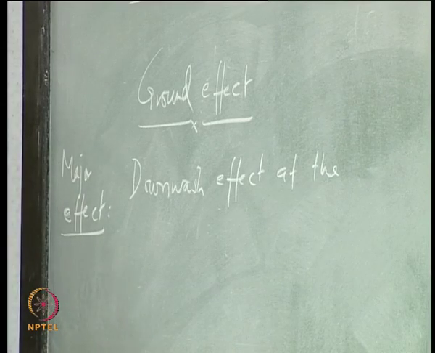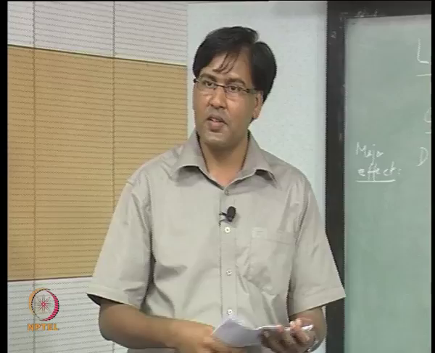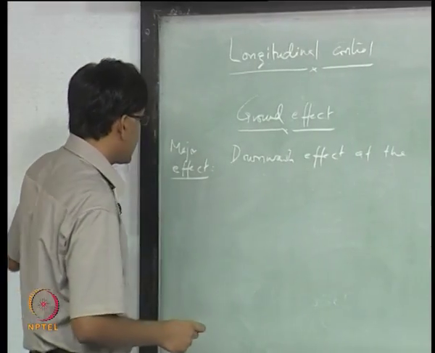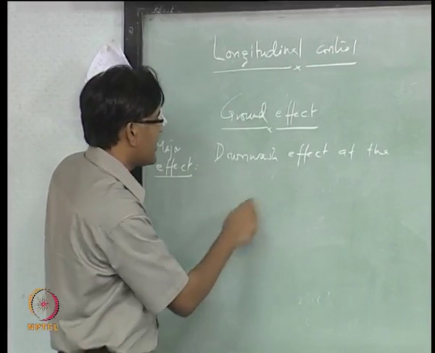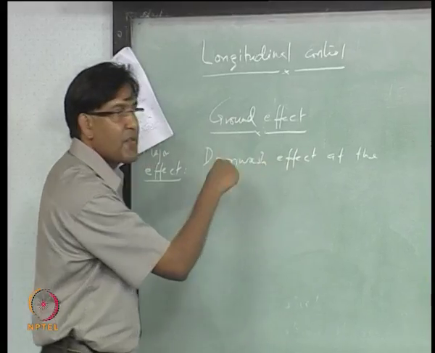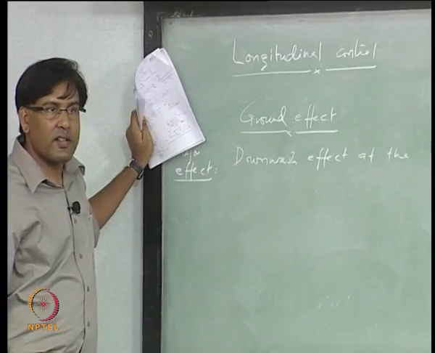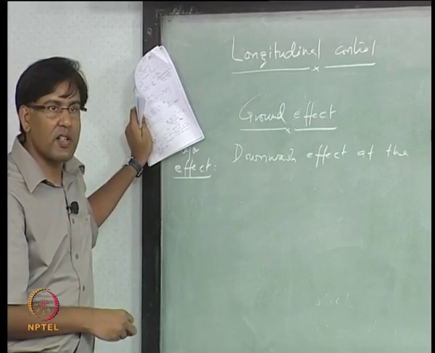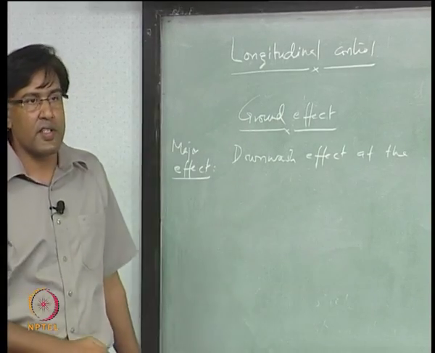Landing is a critical maneuver, many accidents will occur while landing. So, landing is actually a critical maneuver, and you have to actually take into account effects that are taking place close to ground, right. So, you have to change those derivatives.